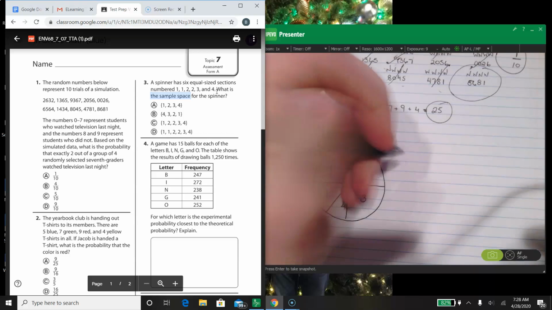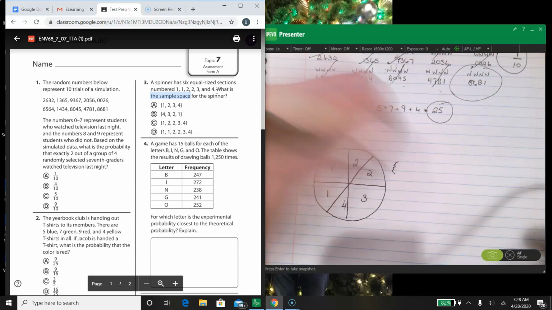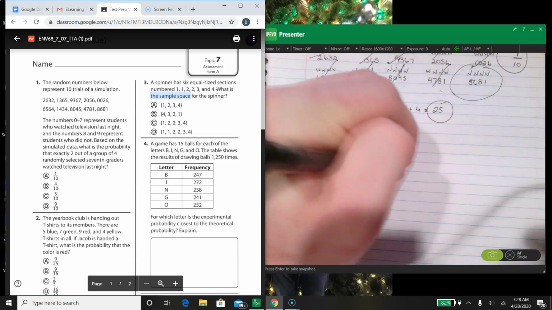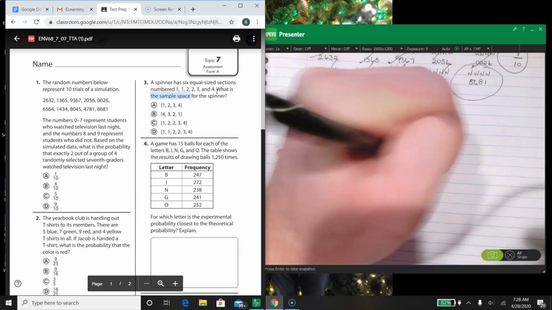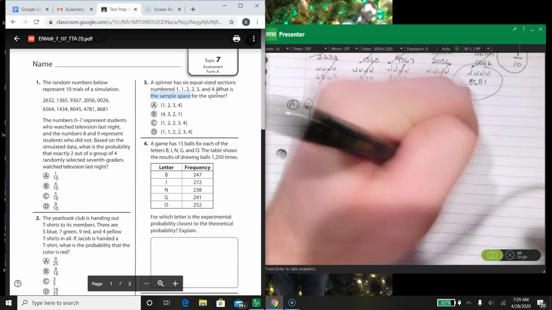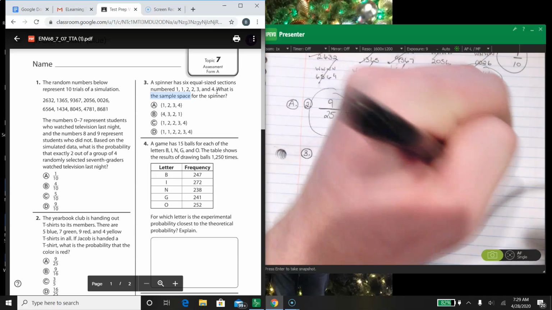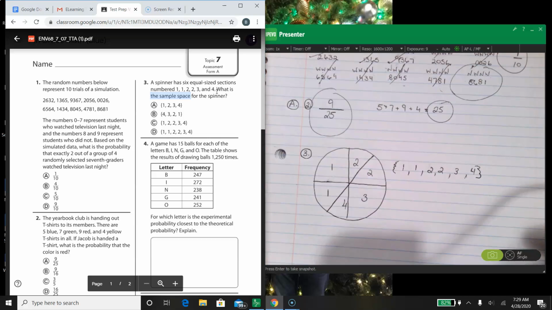So my sample space, guys, is going to be every number that's on this spinner. So 1, I see 1 again, I see 2 twice, I see 3, and I also see 4. So that's going to be my sample space. My sample space is every single thing that I could possibly land on.